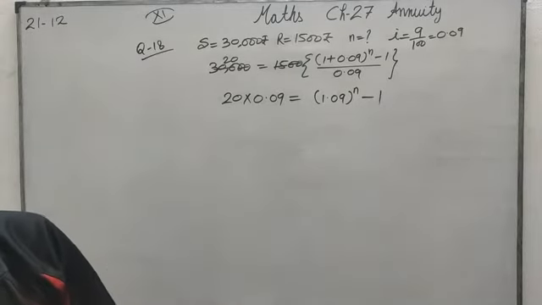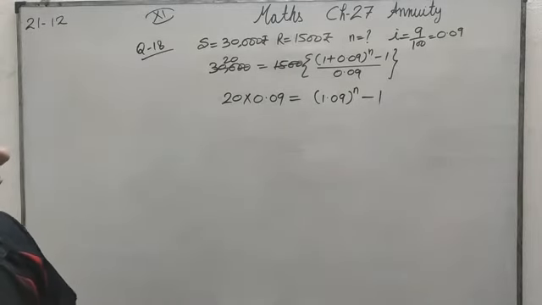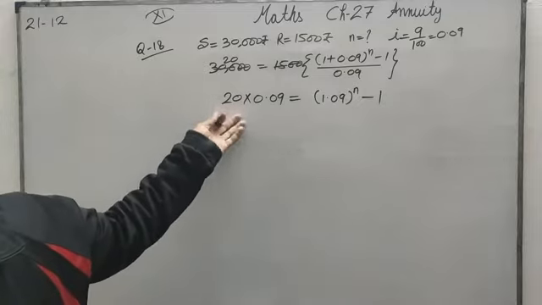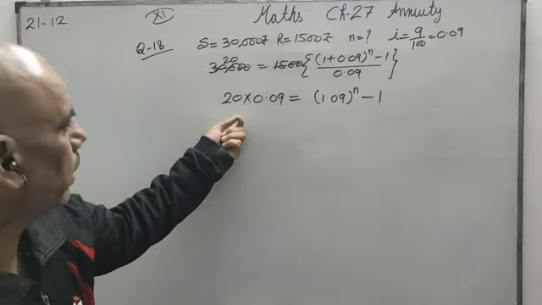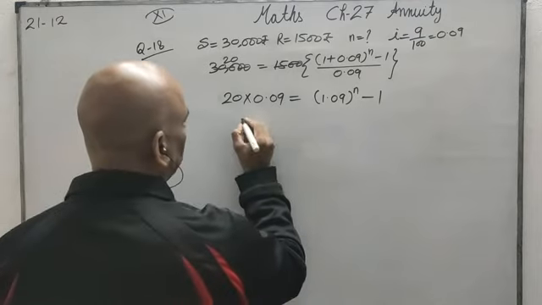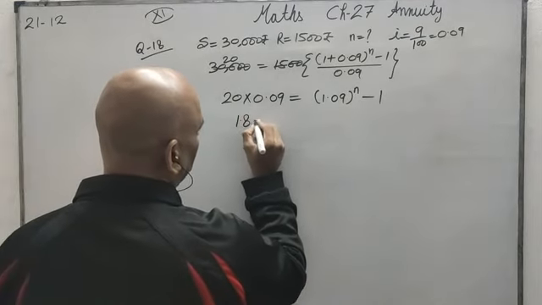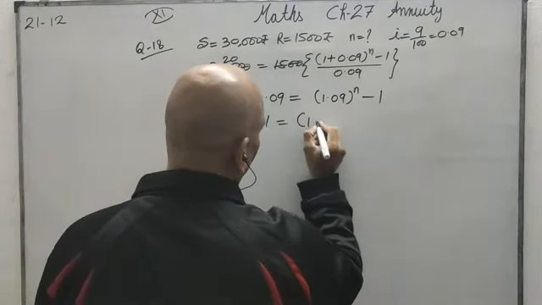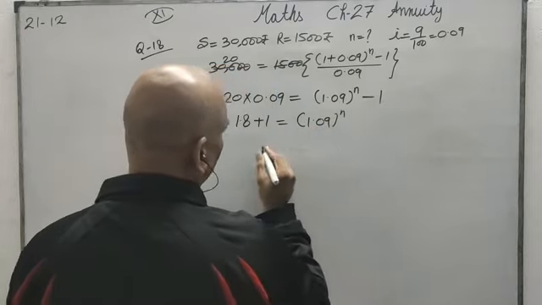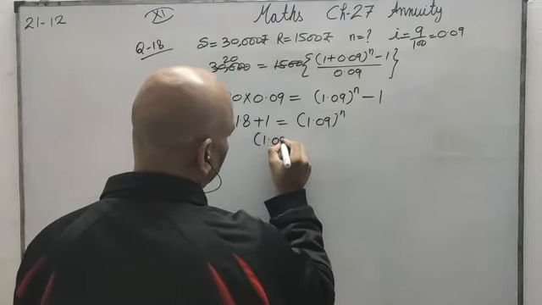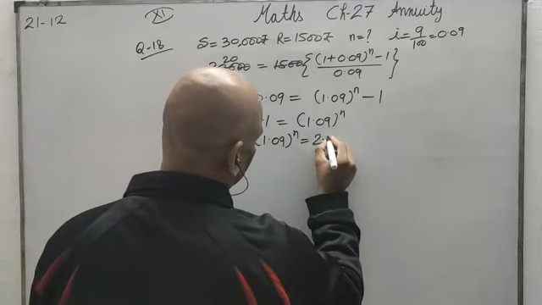Now, what should I do? I should calculate this. This will be 1.8, and that 1 will be added this side. So this is 1.8 plus 1, and 1.09 to the power n is equal to 2.8.